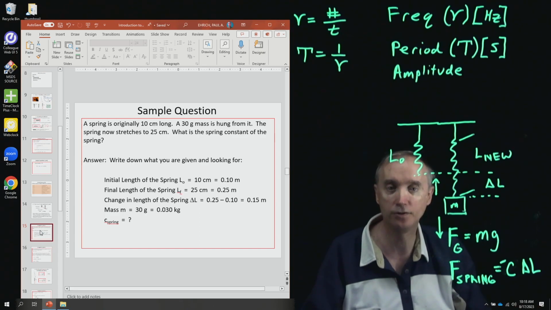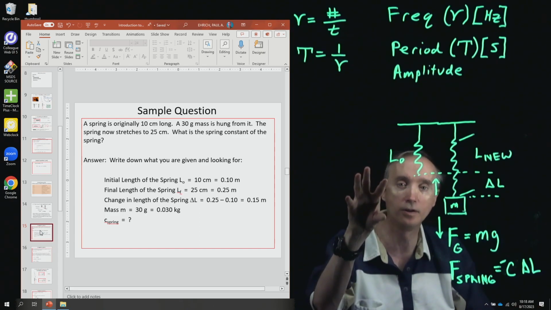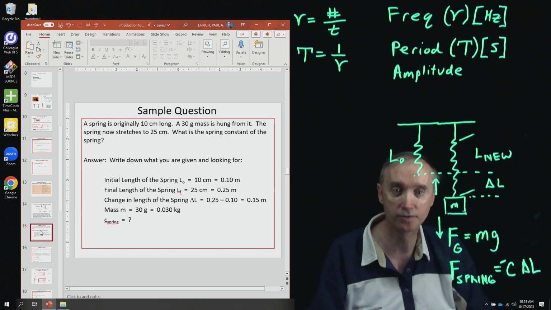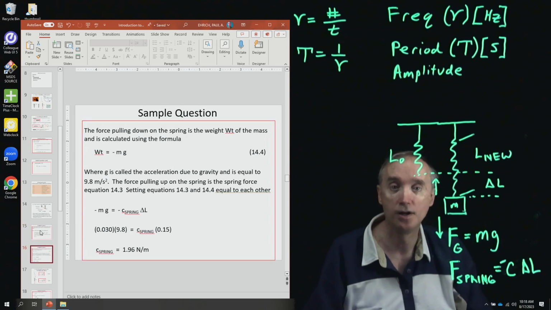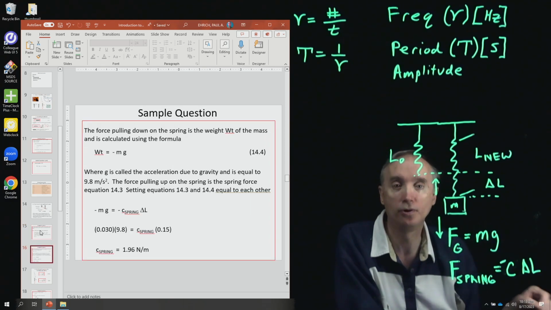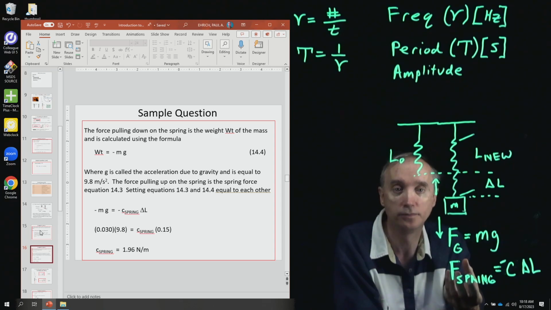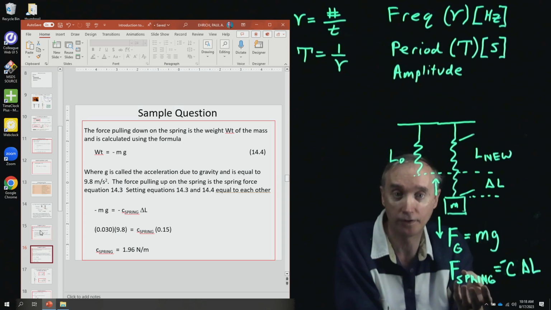All right, so how are we going to do this now? Now that we've got all of our variables, we're going to use them to calculate what the spring constant is. The force that is pulling down on the spring is its weight, and this is caused by the force of gravity.